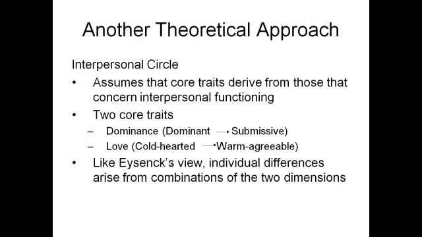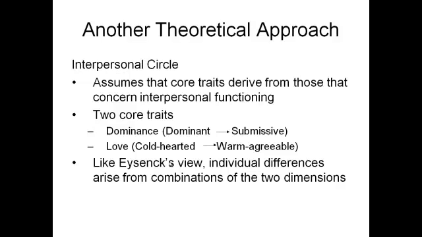Another approach comes from Wiggins and his colleagues, and it is called the interpersonal circle. It's described on pages 59 to 60 in the textbook. The idea being that there are more or less two core dimensions of personality: dominance and love.